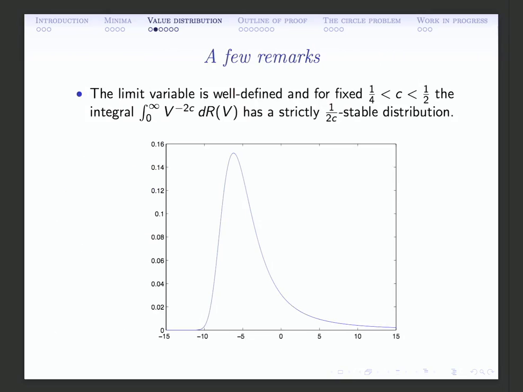The limit variable was this integral of v to the minus 2c dr of v. To a probabilist, this is a well-known construction, where you integrate powers against a measure related to a Poisson process. You get something called a stable distribution.